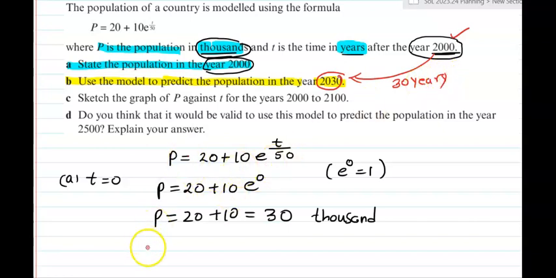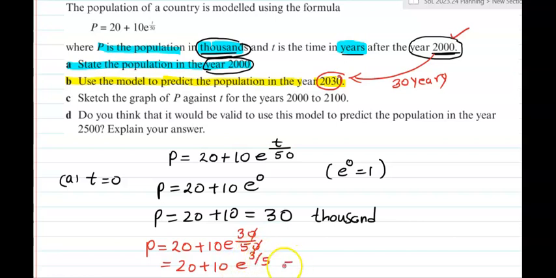In the first equation, you put t equal to 30. So P equals 20 plus 10 e to the power 30 over 50. Now put this value in a calculator. If you want, you can write e to the power 3 over 5 as well.